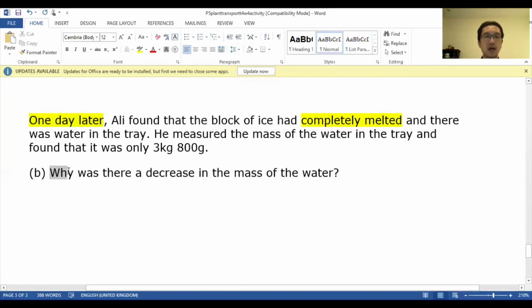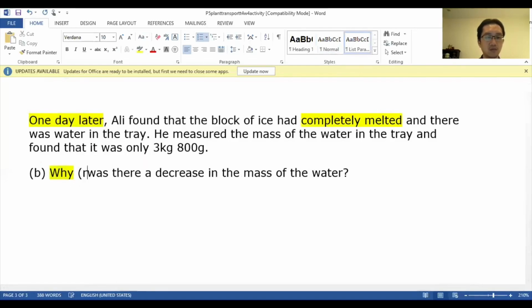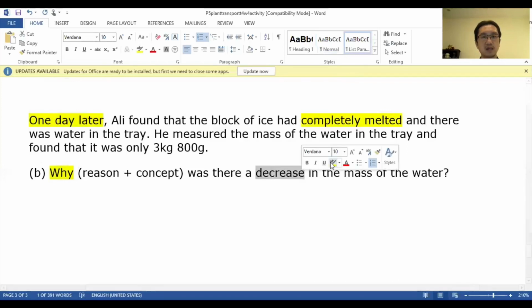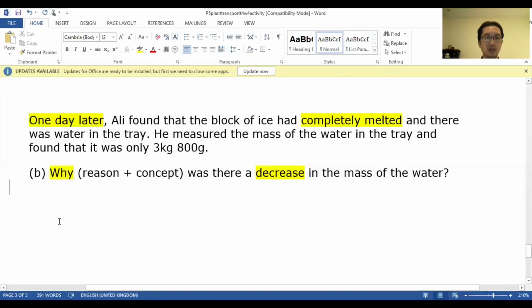When we see "why", that means they are asking for the reason. So let's look at the reason, plus, not forgetting, the concept that is involved. Why was there a decrease? The effect of the experiment itself was the decrease in the mass of water.